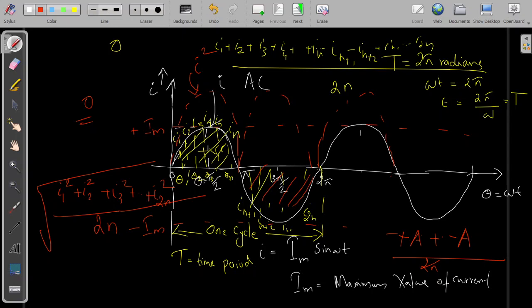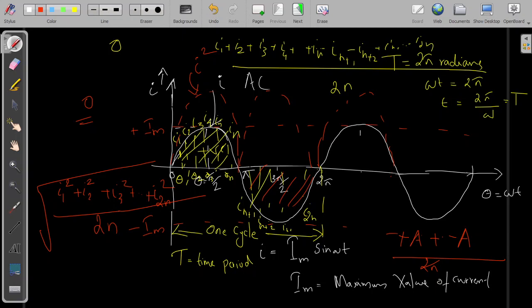Again, to find the area of this waveform for one cycle, the cycle is reduced from 0 to pi, and after pi the values repeat. So the length of one cycle of the squared waveform will be pi.